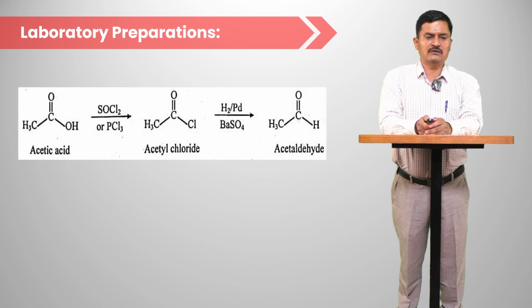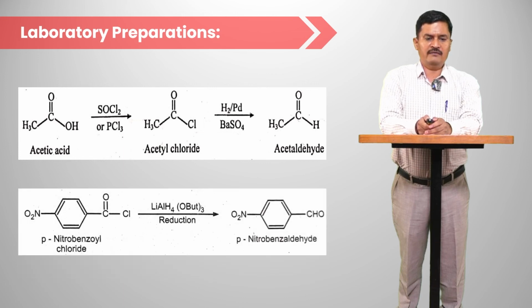In the Rosenmund reduction, the acid first converts into the acid chloride, and then the acid chloride, with hydrogen over palladium on barium sulfate, converts into the aldehyde. Or another example: para-nitrobenzoyl chloride on reaction with lithium aluminum hydride, which reduces the COCl into COH.